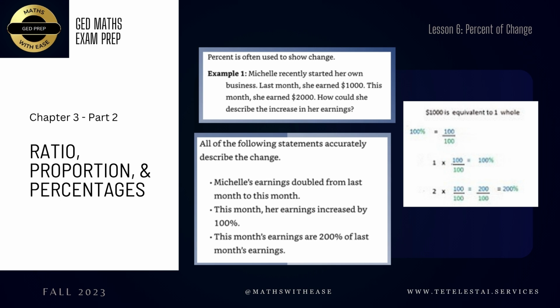Again, I used color coding here to help with understanding. Multiplying across, 2 we could rewrite as 2 over 1. And so 2 times 100 is 200. The 1, which is the denominator of this whole number, times 100 is 100. So 200 is the amount of increase, and then we know that it's a percentage, so 200 over 100 equals 200%.